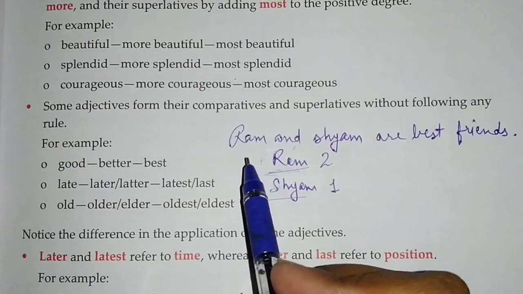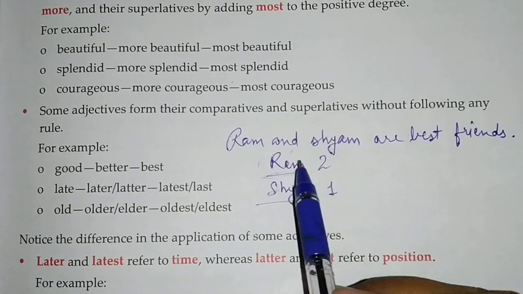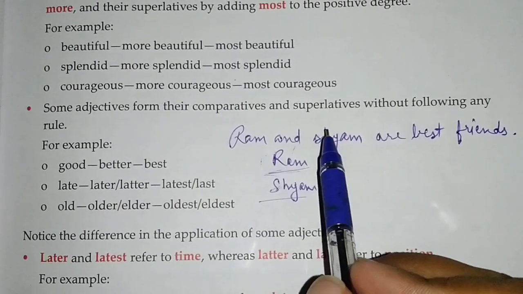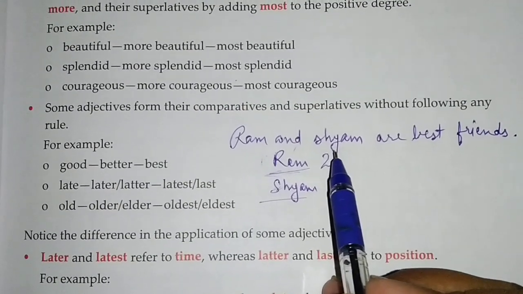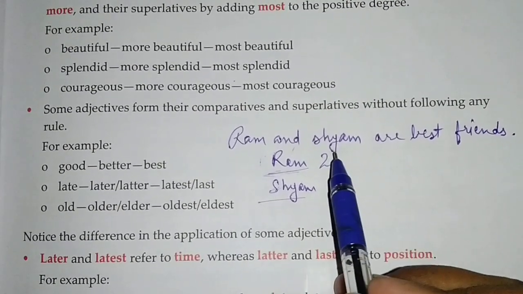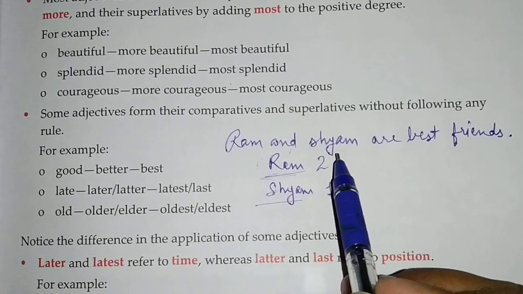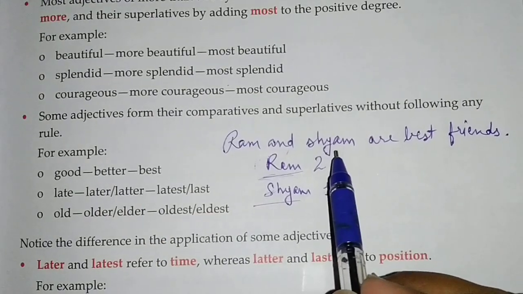It means the former, the first one, and the latter means the one who is next in position, next to Ram. The latter one is a good player. So here I am referring to the one who is mentioned late, right? Whose position is late. So latter we use for position.